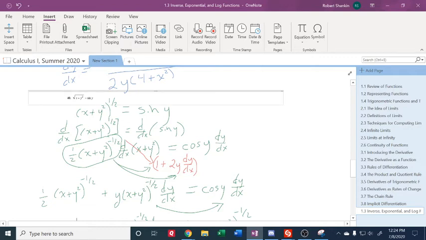When I took the derivative of this, it's 1/2 this thing to the negative 1/2, then times the derivative of the inner function right here. When I took the derivative of this inner function with respect to x, I get 1 plus 2y dy/dx. And then, since there's a dy/dx over on the right hand side and a dy/dx on the left hand side, I've got to get rid of these red parentheses.